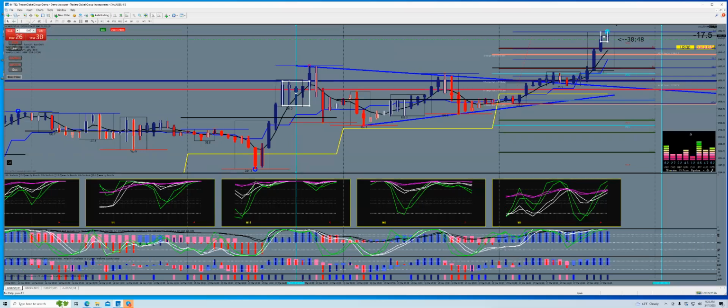Alright, so this is the possibility. If it comes back to the 50%, or to the 38, or the 23, or right here, those are potential pullback areas.